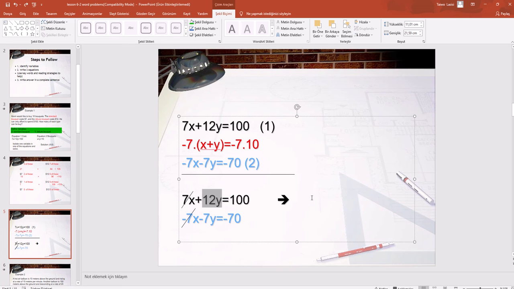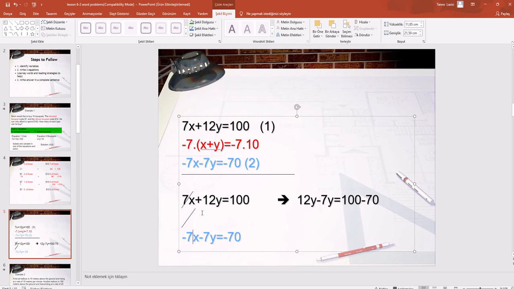Okay. So here, what do I have? Tell me. 5y equals 30. 5y equals 30.